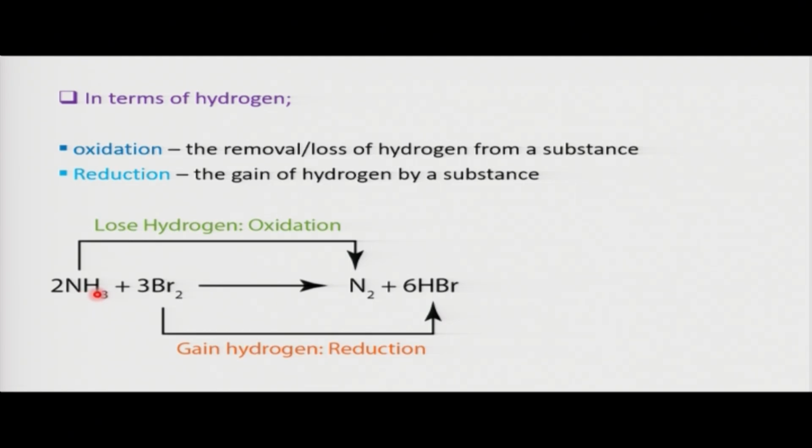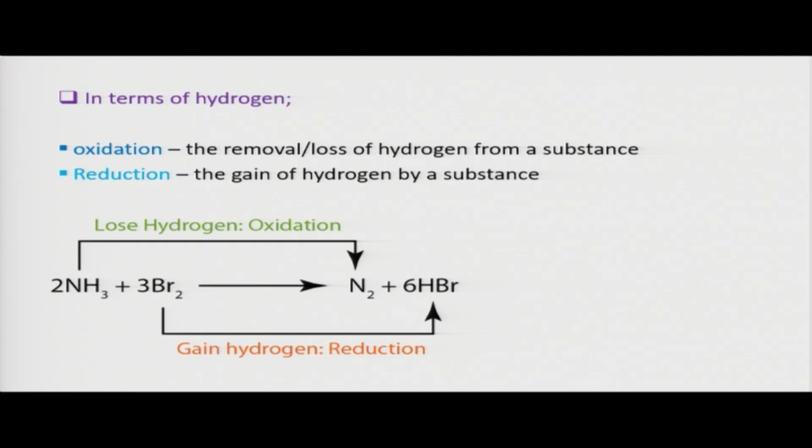In that way, the loss of hydrogen by the ammonia molecule becomes oxidation, and the gain of hydrogen by the bromine molecule becomes reduction. That is in terms of hydrogen, losing and gaining.